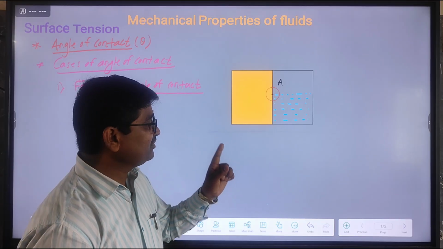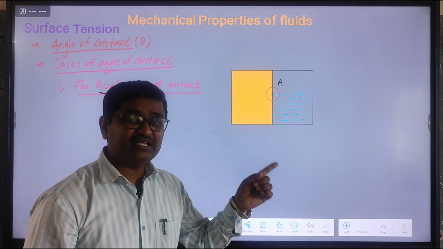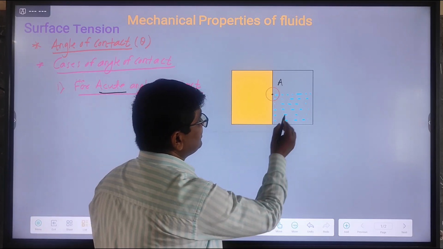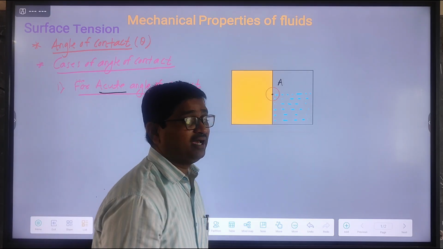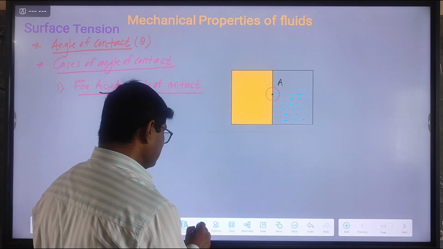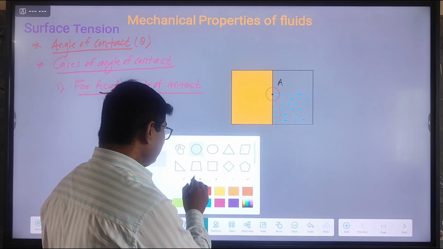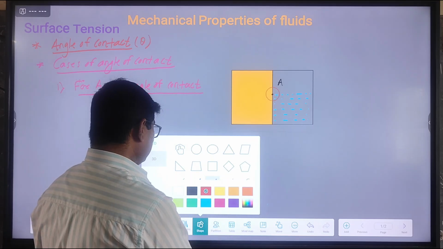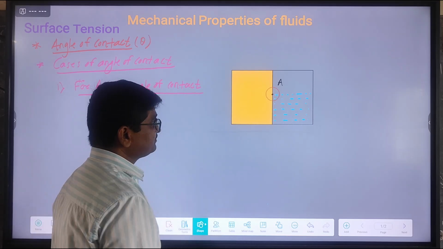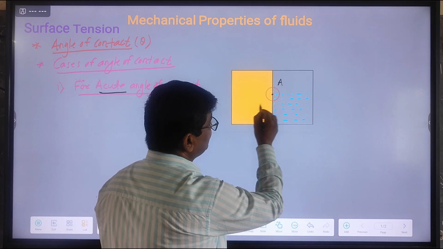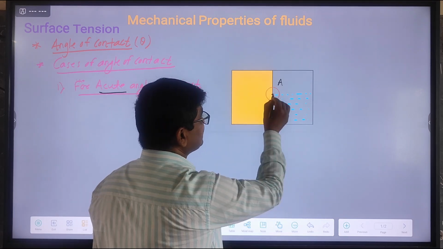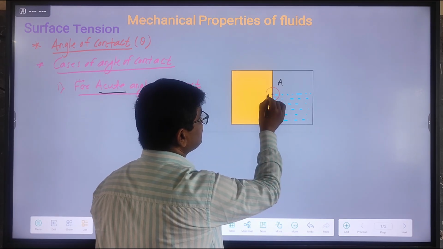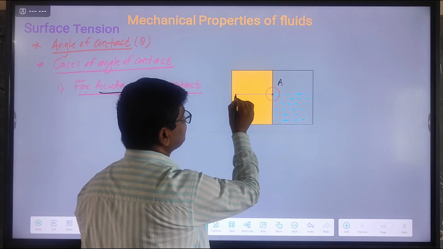Now remember that when the solid contacts a liquid and the liquid is kerosene, kerosene partly wets the solid. It means two different substances are partly contacting together. It means molecule A experiences the adhesive force, which is greater.